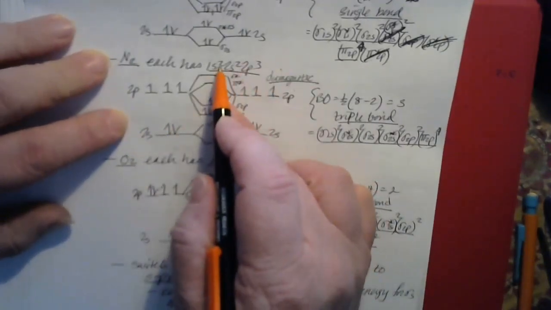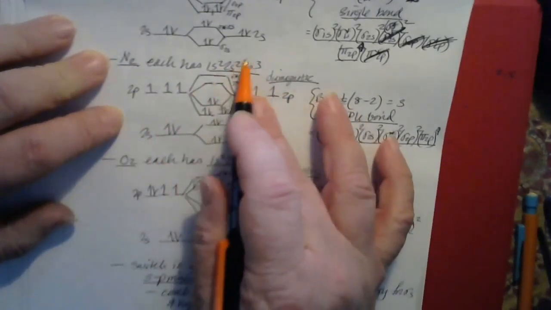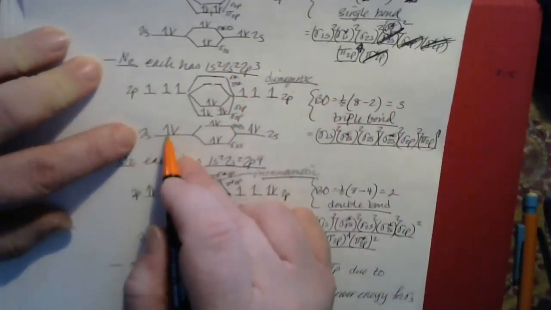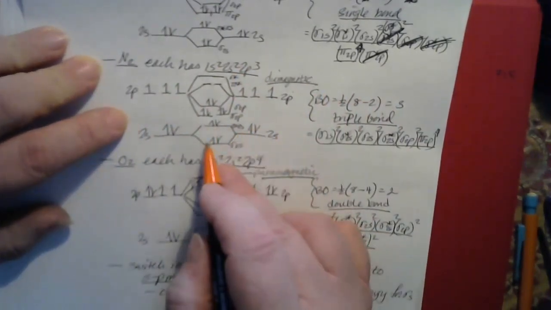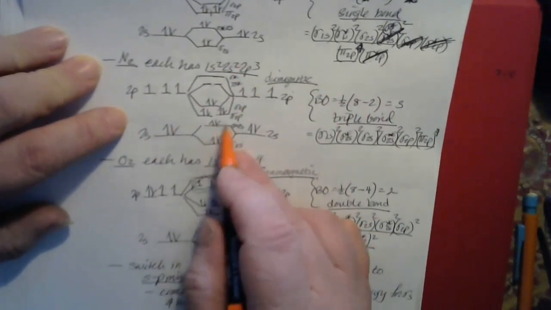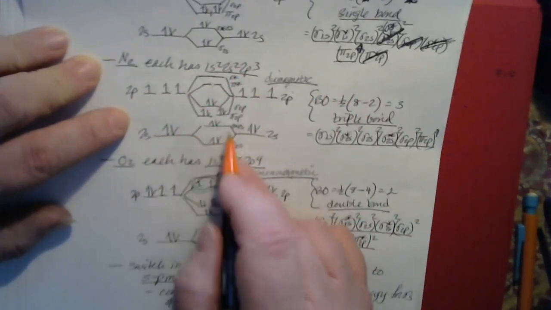You're going to have 2 s electrons in the valence shell for each nitrogen, so 2s2 on the left and 2s2 on the right. When they come together to form molecular orbitals, the bonding and anti-bonding molecular orbitals would both be filled for the sigma 2s orbital.